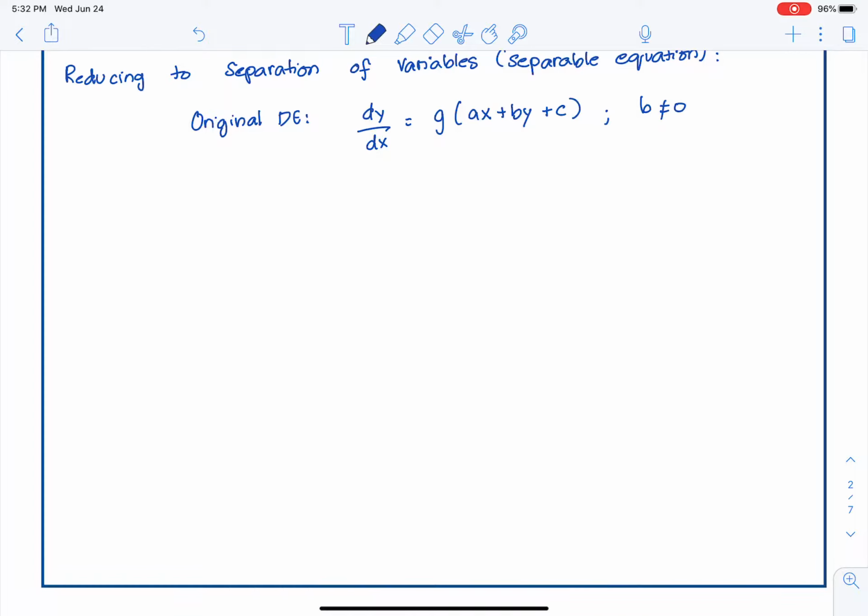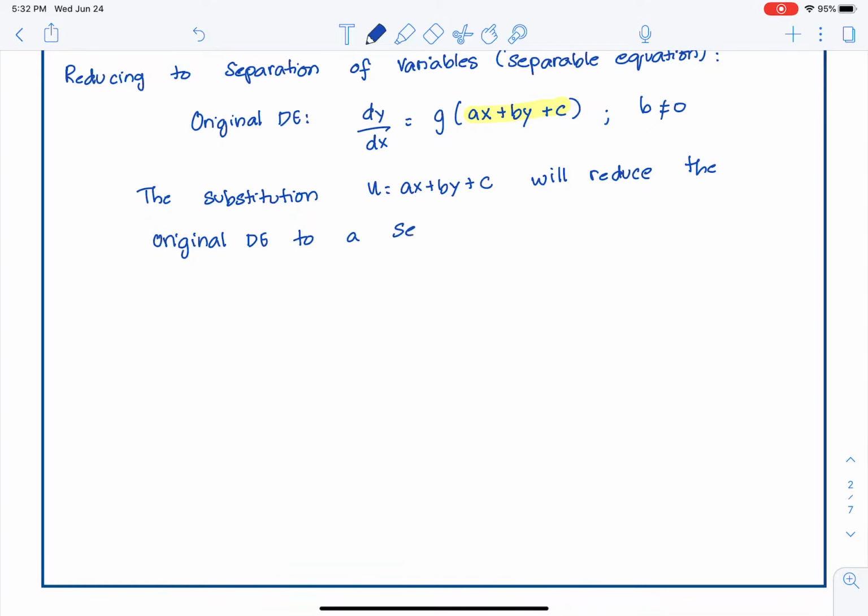If that is the case, the substitution u equals ax plus by plus c, which would be the part right here in the function, will reduce the original DE to a separable DE. And we could use the method that we used for separability and find the solution.